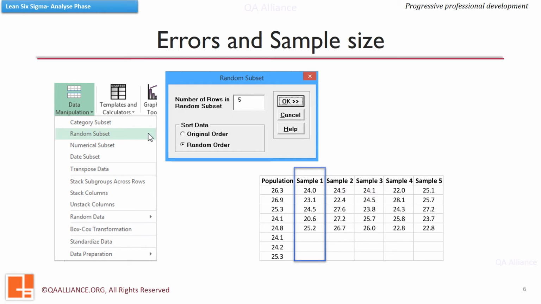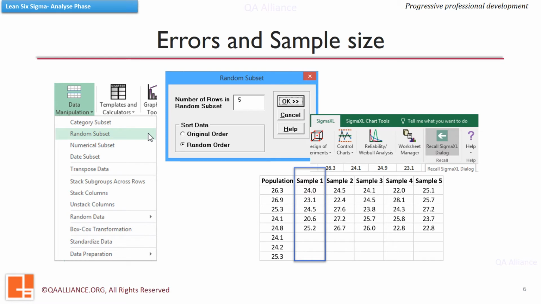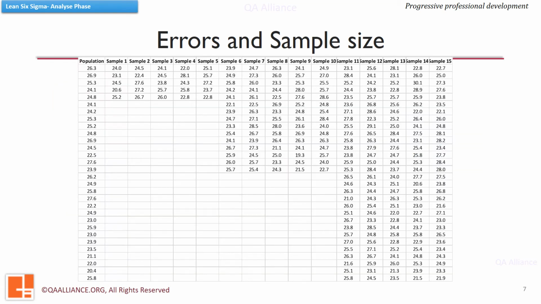Now we need 5 such data samples with n equal to 5. We'll call the dialog box and repeat the steps 4 more times. Then we need to arrange the data on the sheet as shown here. Similarly, we'll create more data for the sample sizes of 15 and 30. It'll look like this.